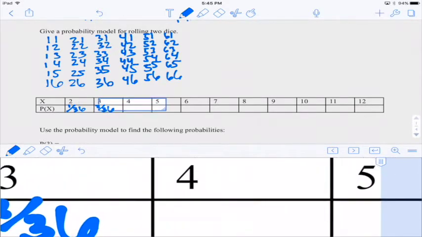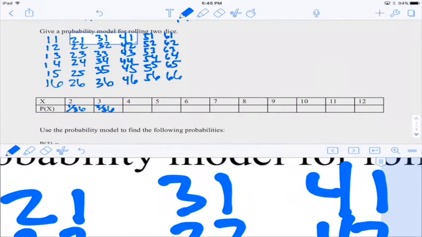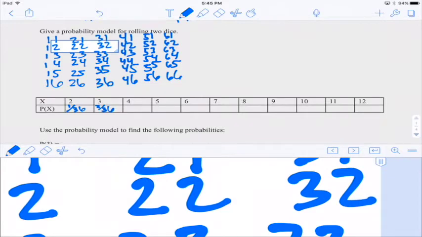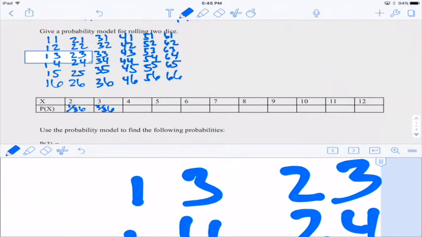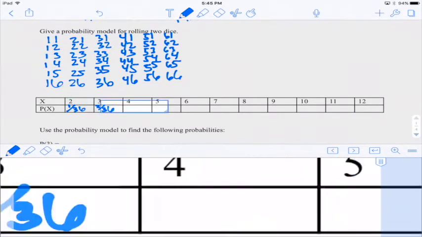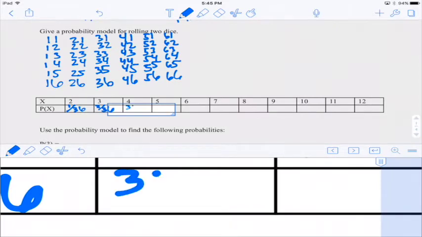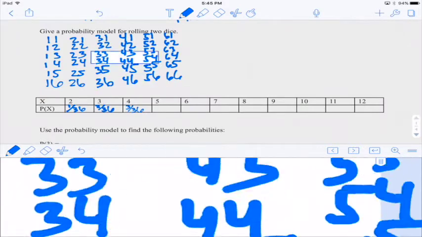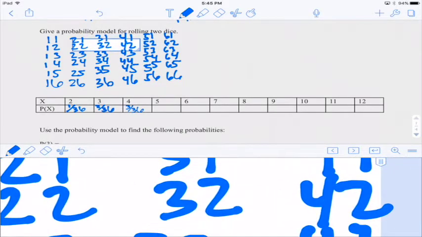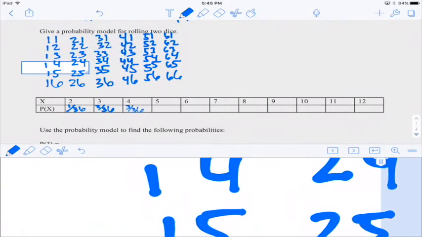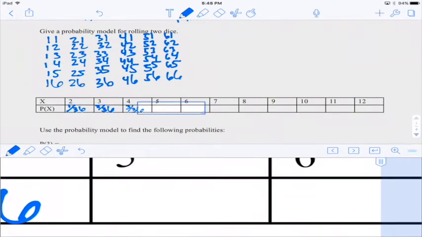Then we see how many times we can add up to 4. Well, 3 plus 1 is 4, 2 and 2 is 4, 1 and 3 is 4, so there's 3 out of 36. Then we have 5. Well, 4 and 1, 3 and 2, 2 and 3, 1 and 4. There's 4 different ways out of 36.